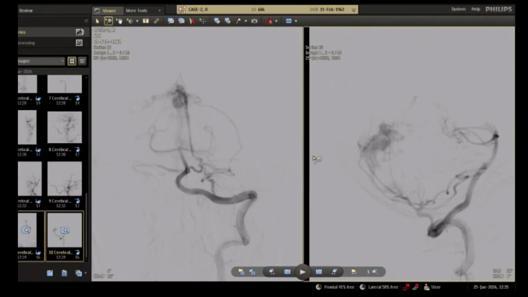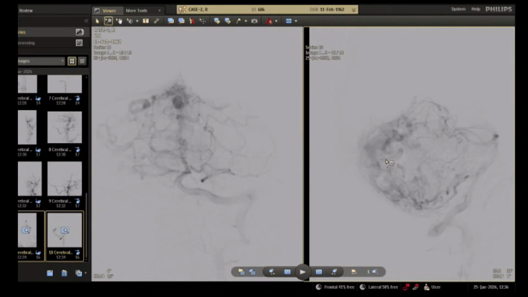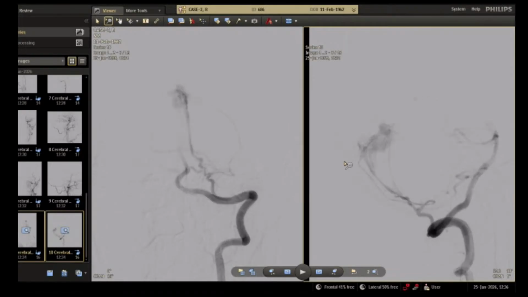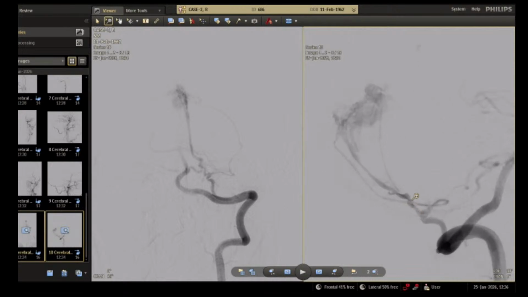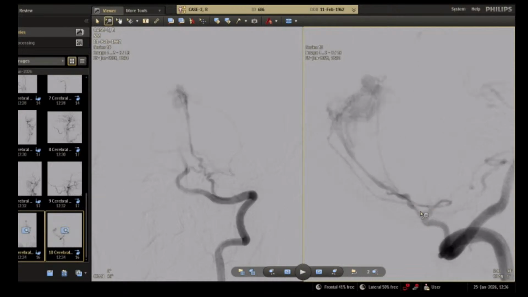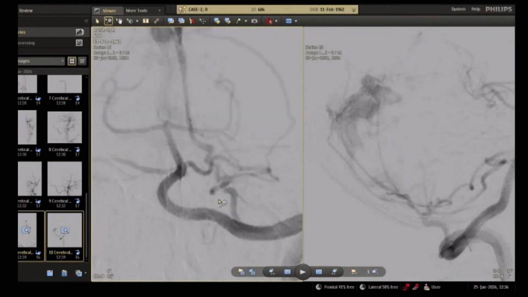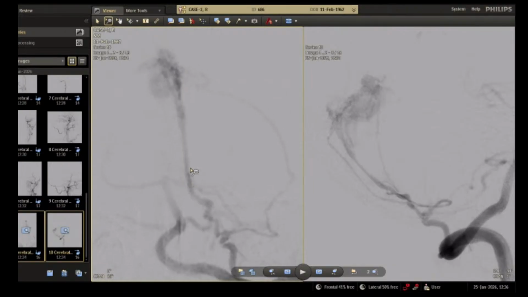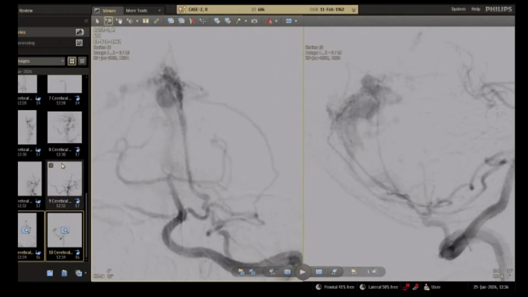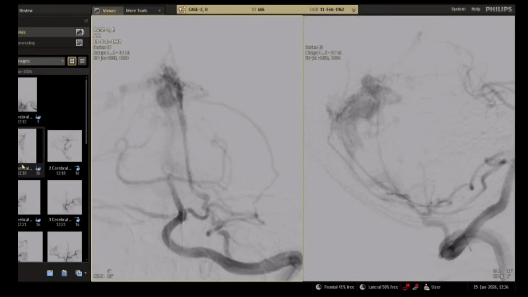The PCA territory is poorly seen because both PCAs come from the... Yes, this point is very tortuous. It's very tortuous anatomy. With Headway Duo it's reachable, but okay, let's compare the occipital territory.